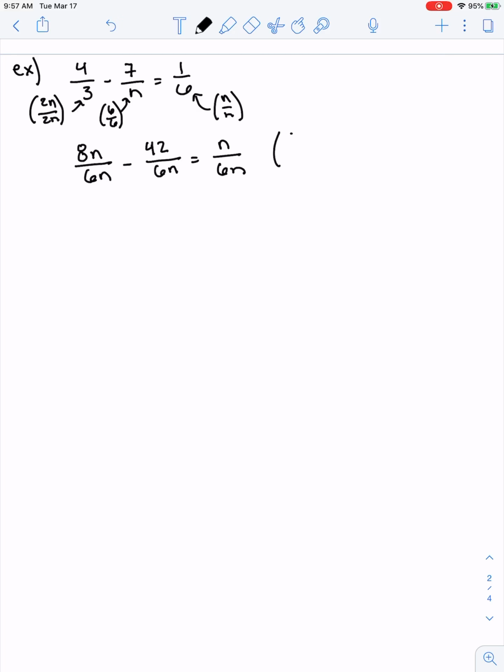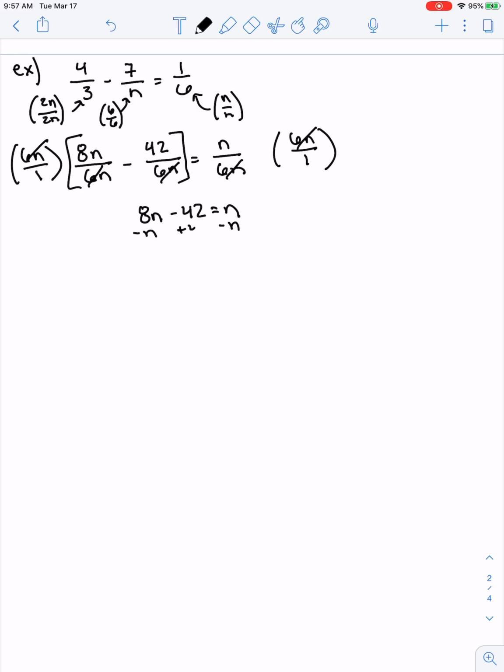Now if I multiply all of these terms by 6n over 1, the common denominator, then they would all cancel out, and I am left with 8n minus 42 equals n, or 7n equals 42.